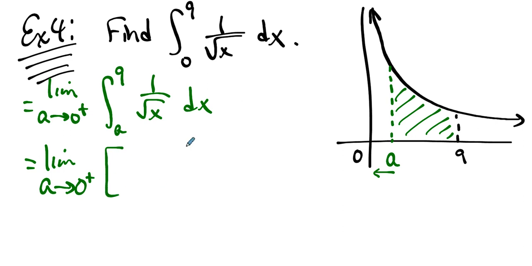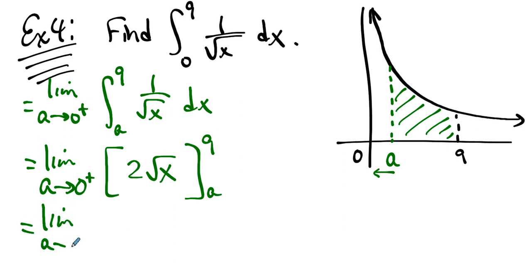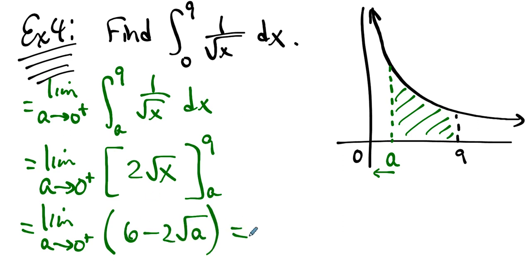Well, the antiderivative of x to the negative 1/2 is 2x to the positive 1/2, evaluated between A and 9. Substitute 9, substitute A, and then we decide what happens as A approaches 0 from the right.